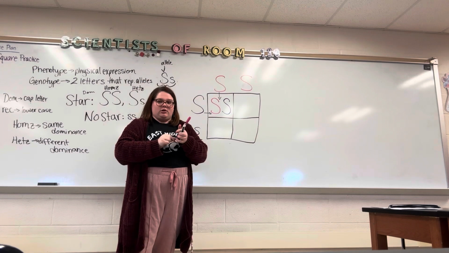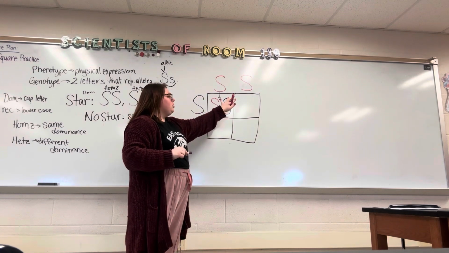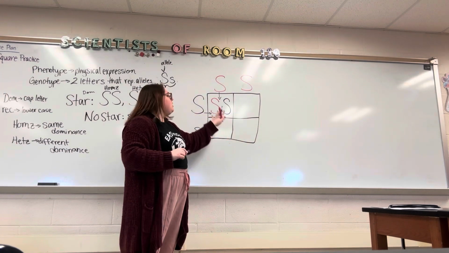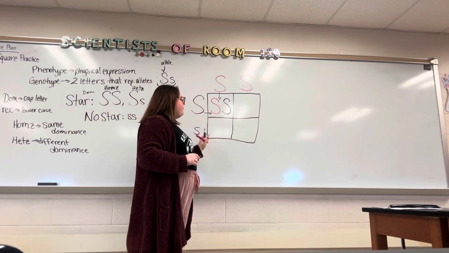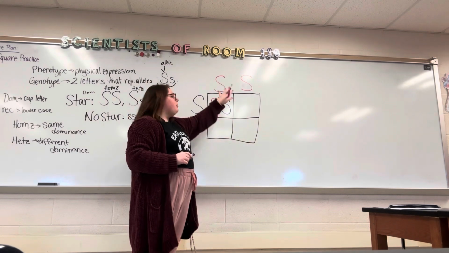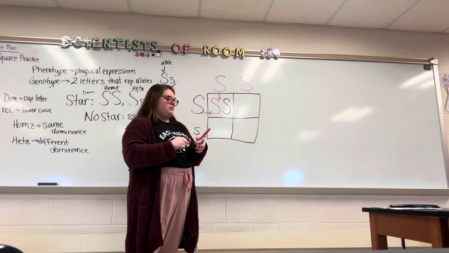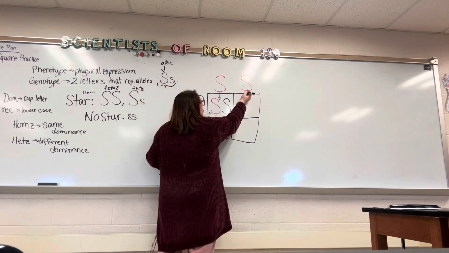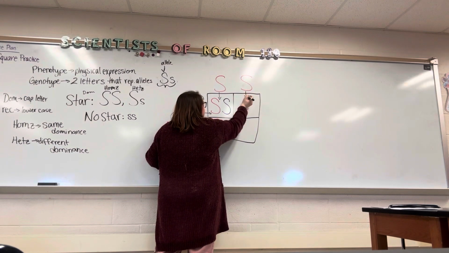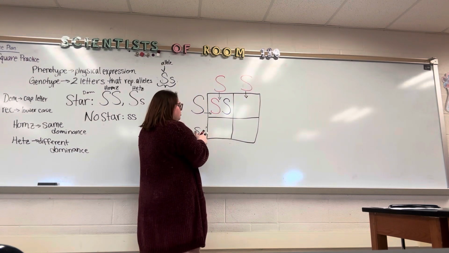And it is up to you what order you do your Punnett squares in. I normally go all the way across the top, then all the way across the bottom. But if you go top down, over, and top down, that is also okay. Same with over here. We're going to pull down and then pull over.